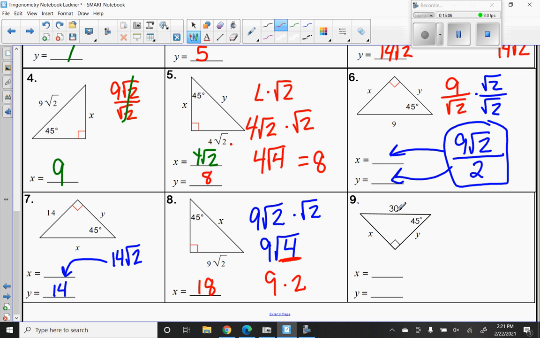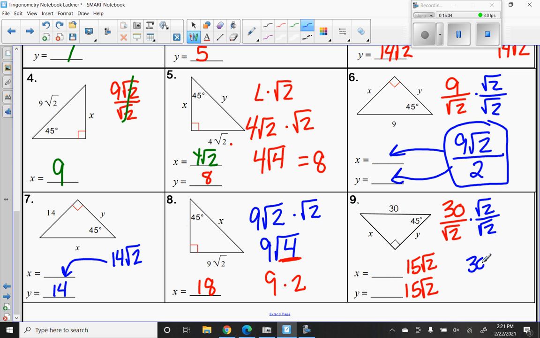Our last hard one is the same thing as the one up here. To get the leg, divide by radical 2. And hopefully you get 15 radical 2 for both. How does that work? Times it by radical 2 over radical 2.